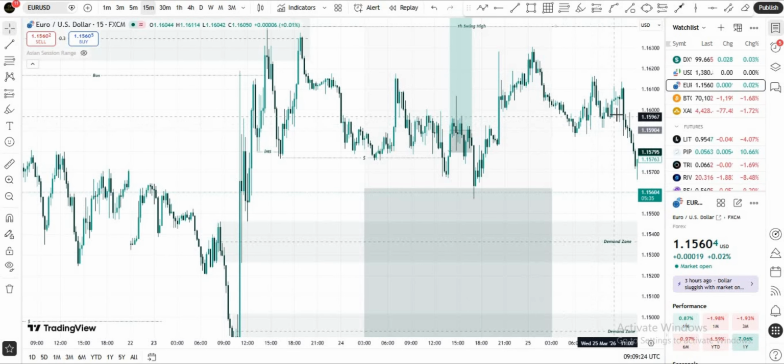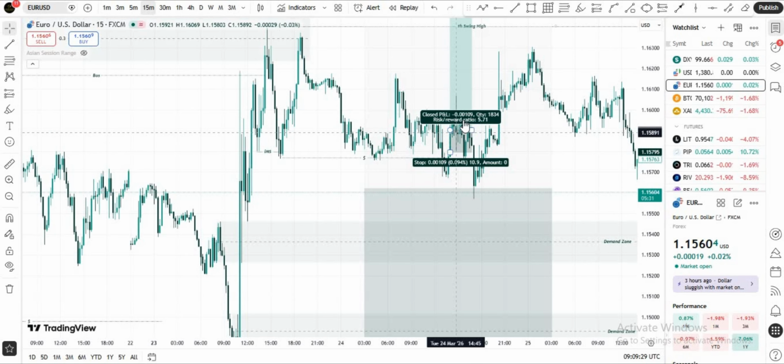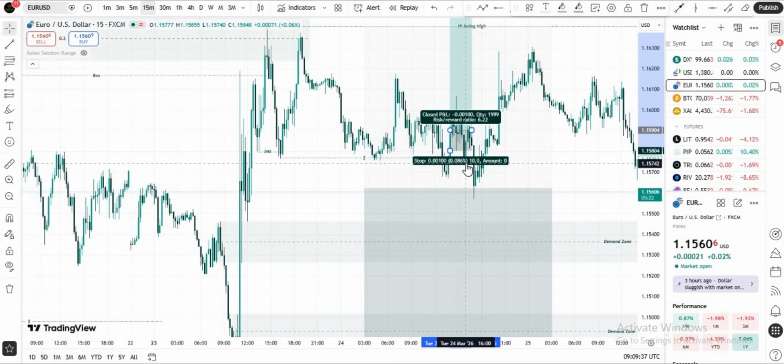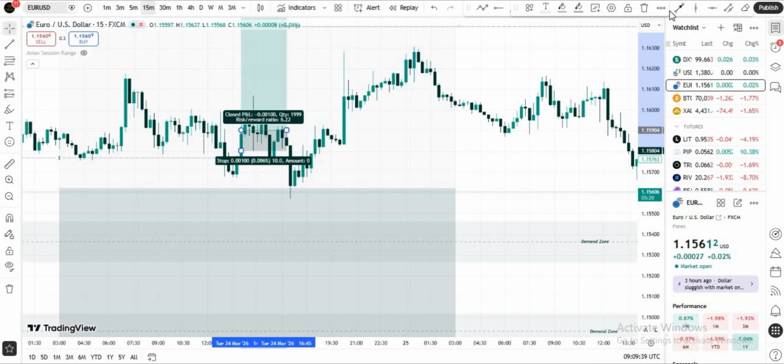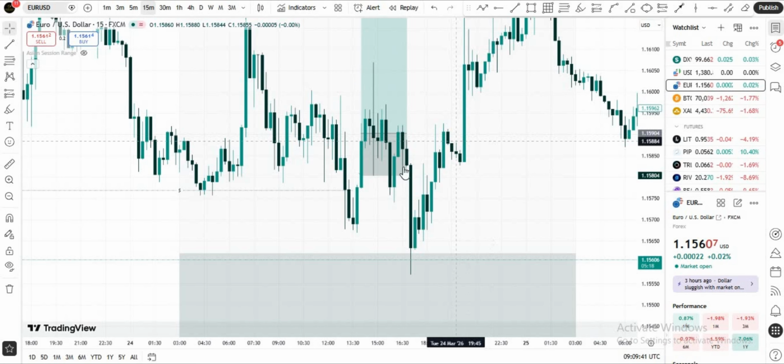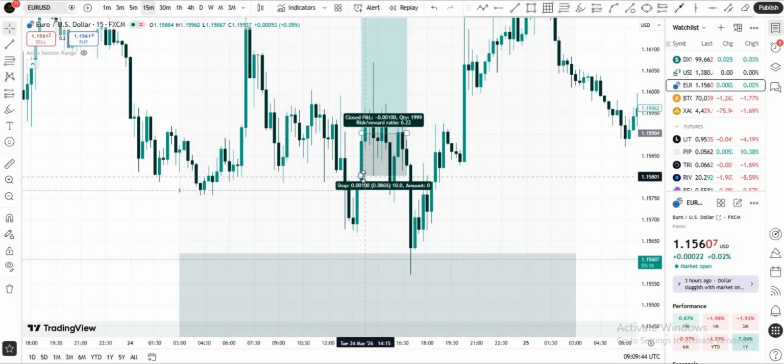I clearly shifted my SL, right? I shifted my SL, because after having price break up and just consolidate around here, I tended to jump in on that buy, and my stop loss was just below this wick. Let me zoom in a bit, right? My stop loss was just below this wick, right?